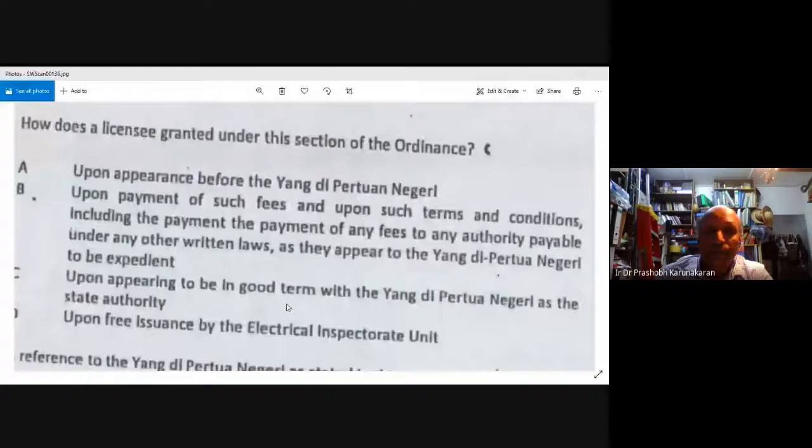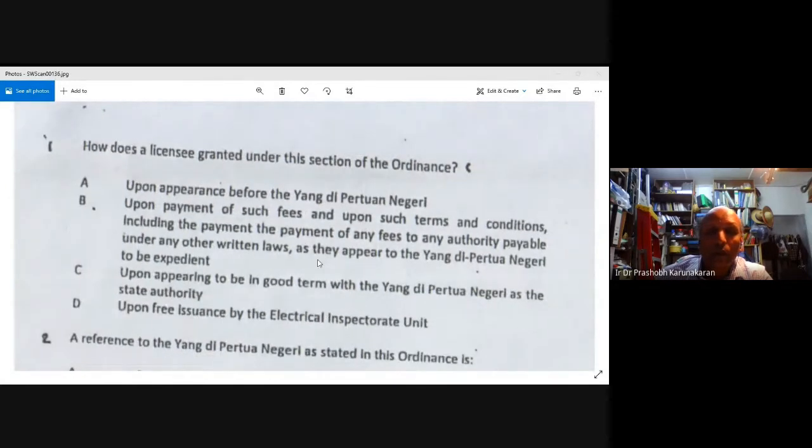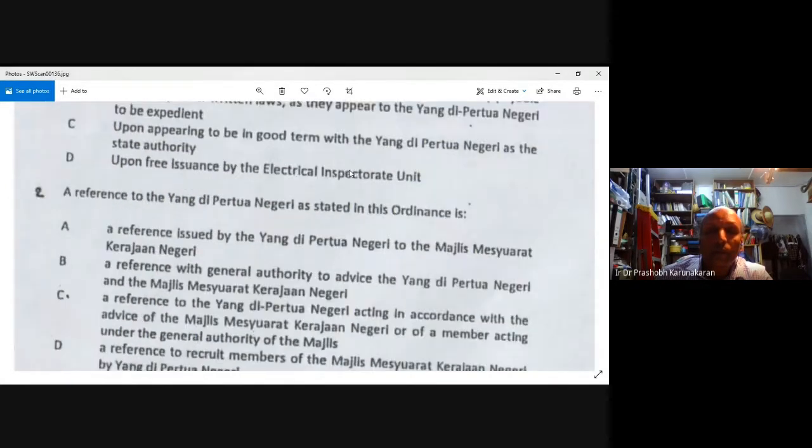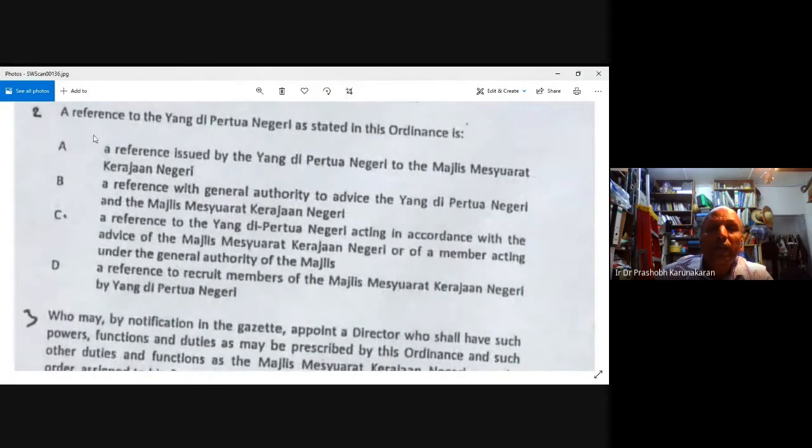Number 2. A reference to Yang di Negeri in a State Ordinance is a reference to the Yang di Negeri acting in accordance with the advice of the Majlis Mesyuarat Kerajaan Negeri, or of a member acting under the general authority of the Majlis.